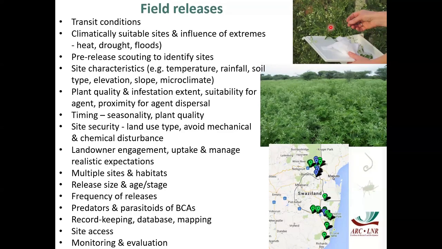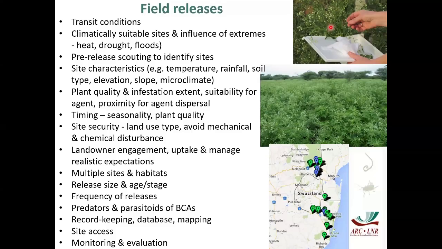Plant quality is important. It needs to be an extensive infestation to ensure that there's enough food and that the agents are able to ultimately move off. They may breed in the area for quite some time before they are able to disperse, but some disperse quite quickly.